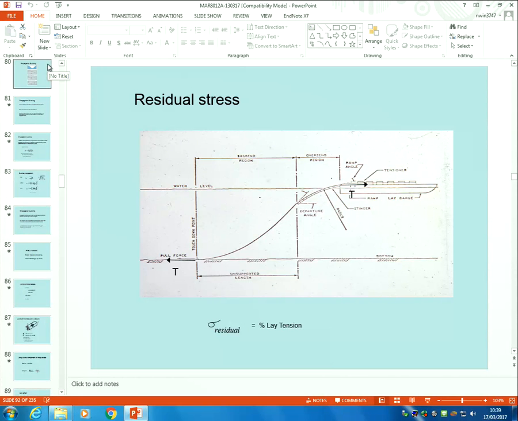So in this case, the stress is zero in this direction, and this is a plane stress condition. I'm not sure on this one.